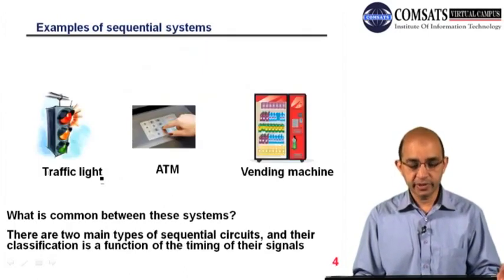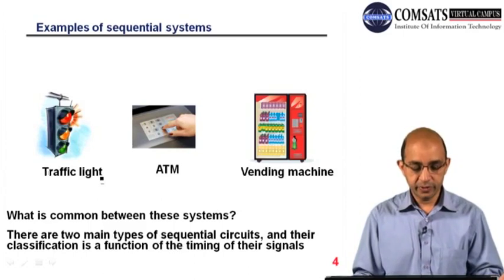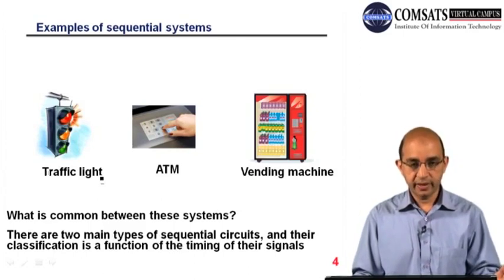These are the examples we can have regarding sequential circuits. In a traffic light signal, we need to store the current state. We have to take care what the light was before, because we have a particular sequence.